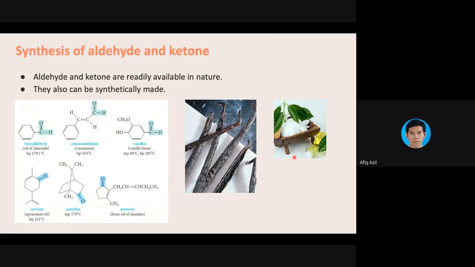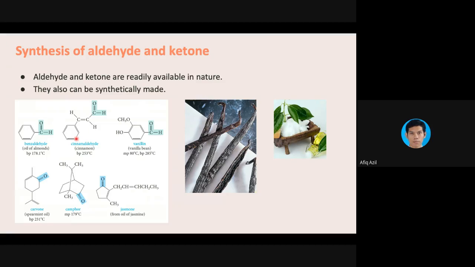These are some examples of naturally available aldehydes and ketones which can be extracted. The first example is benzaldehyde, which is in oil of almonds. If we have almonds, which in Malay we call badam, the essential oil obtained from the almonds contains benzaldehyde.